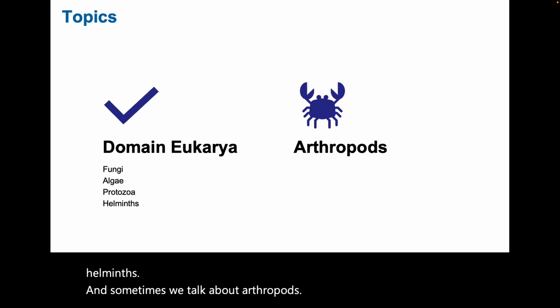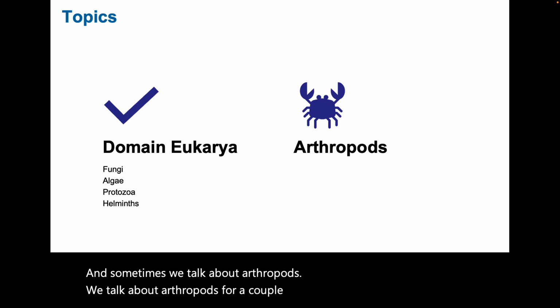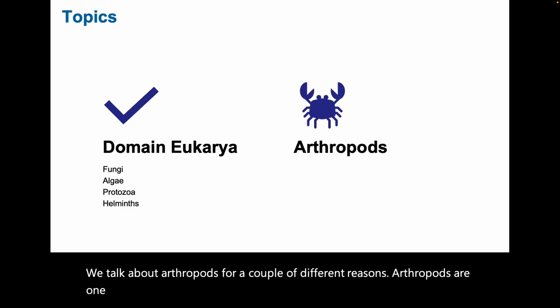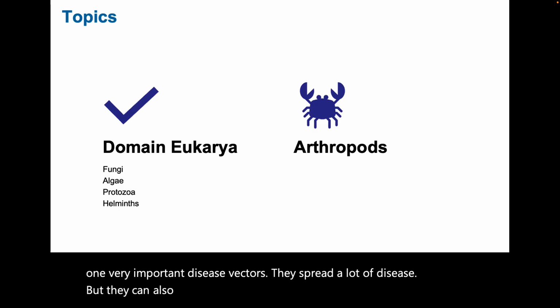We talk about arthropods for a couple of different reasons. Arthropods are, one, very important disease vectors. They spread a lot of disease. But they can also cause issues with people through things like envenomation.